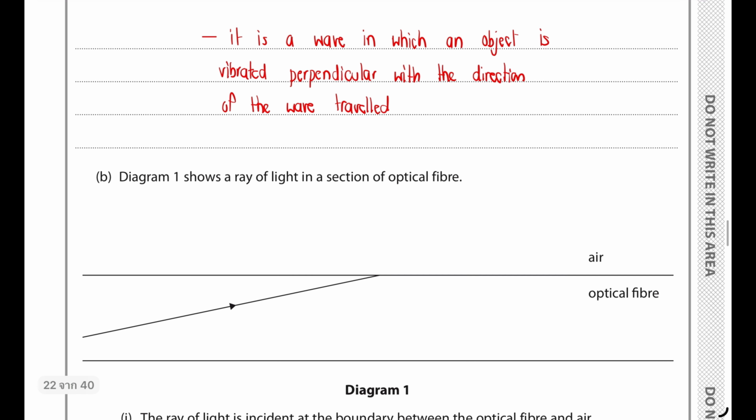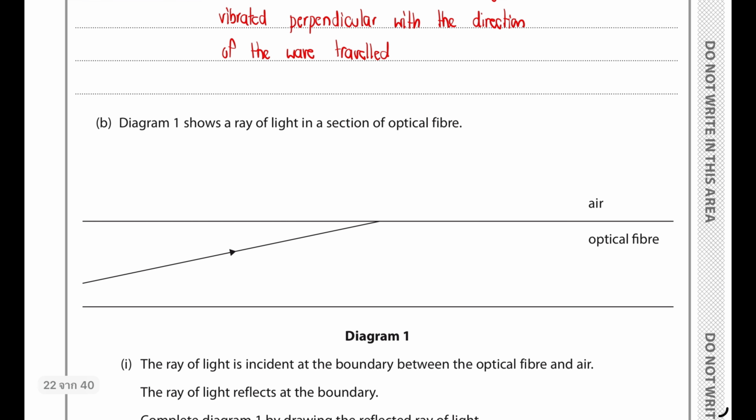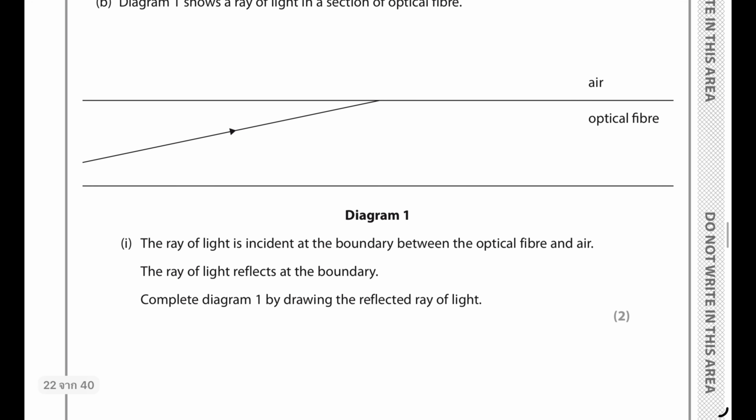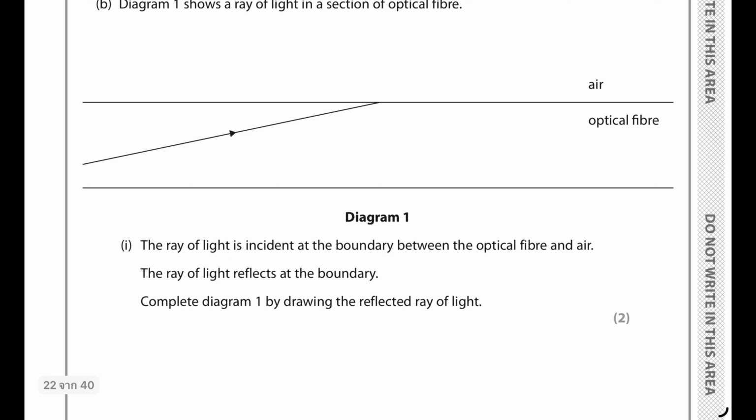That's it. Then question B, diagram 1 shows a ray of light in a section of optical fiber. So the ray of light is incident at the boundary between the optical fiber and air. The ray of light reflects at the boundary. Complete diagram 1 by drawing the reflected ray of light.